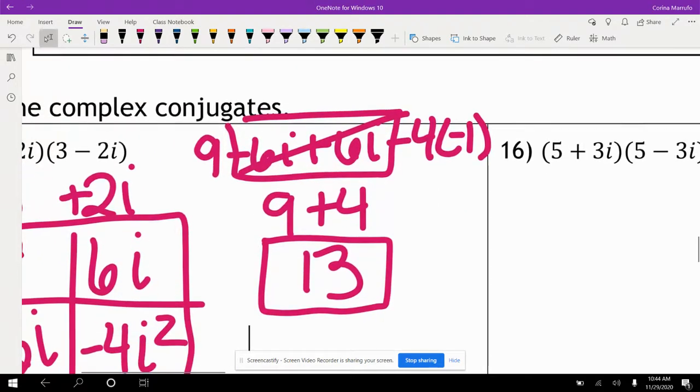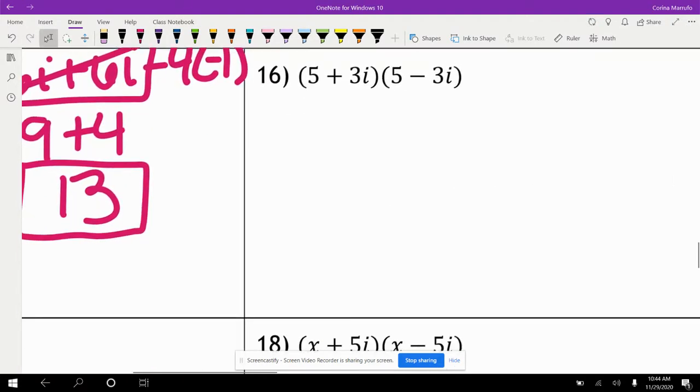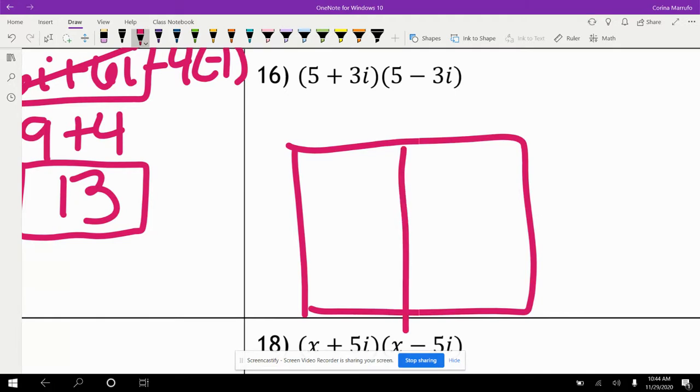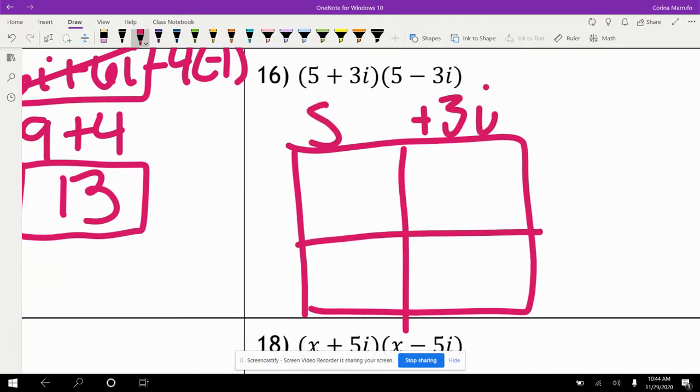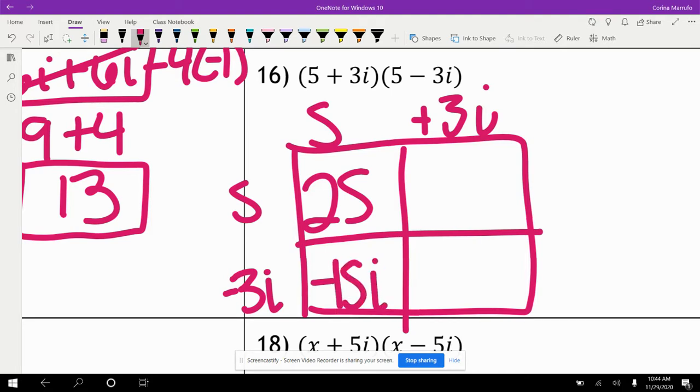Okay, so if we look at the next one, here we make our box again. We have 5 plus 3i and 5 minus 3i. 5 times 5 is 25. 5 times negative 3 is negative 15i. 5 times 3 is a positive 15i. And then negative 3 times 3 gives us a negative 9i squared.